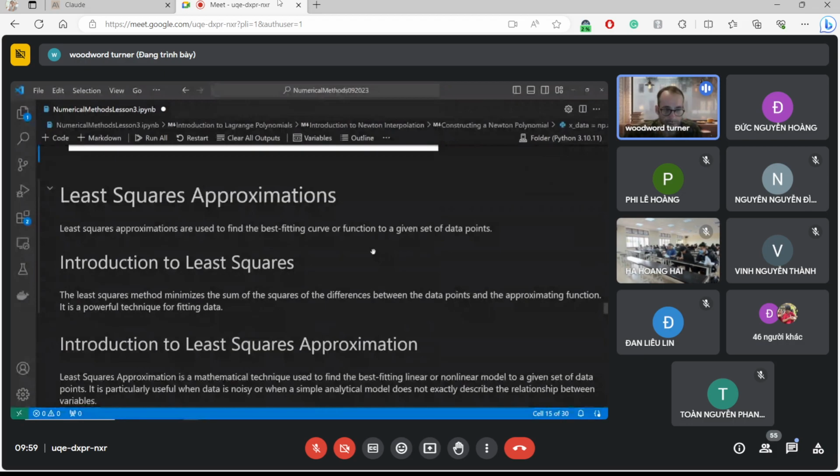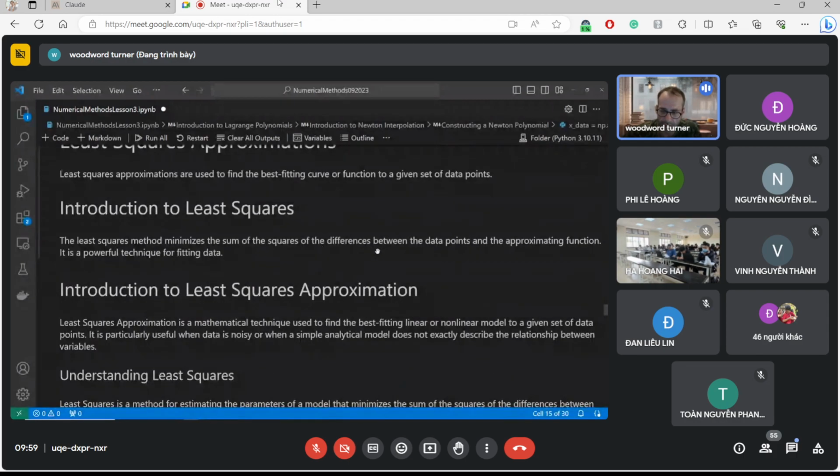So let's talk about this. So this is approximations used to find the best fitting curve or function to a given set of data points. And as an introduction, we want to minimize the sum of squares of the differences between the data points and the approximation function.